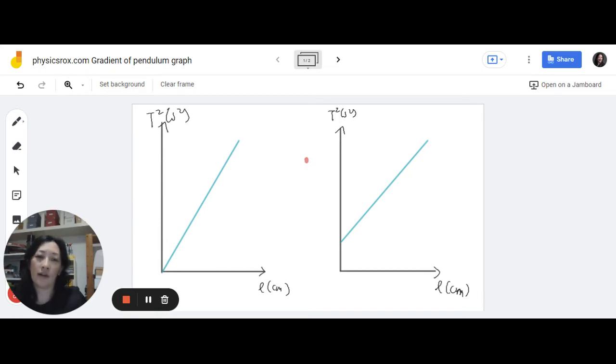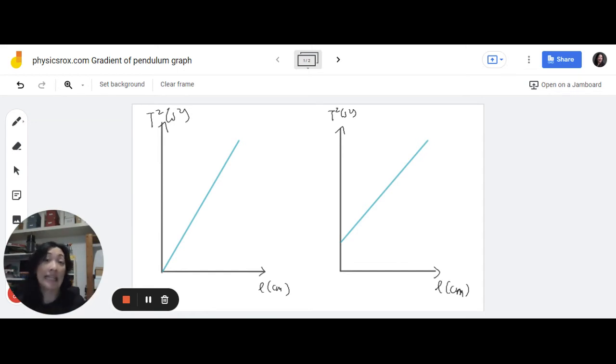Now, when you want to draw the gradient triangle, don't be lazy. Please remember, in physics, size matters. The bigger, the better. Just like when we plot the graph on our graph paper, you've got to get the size of the graph as big as possible.